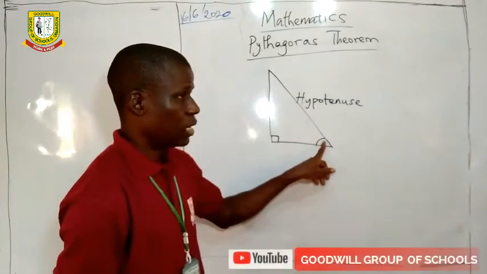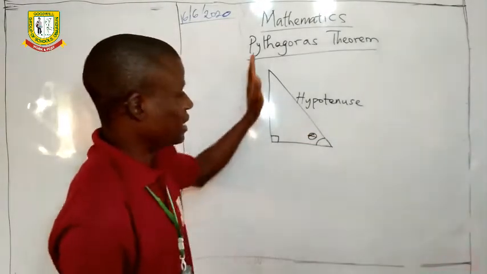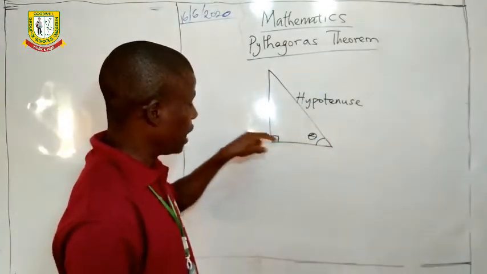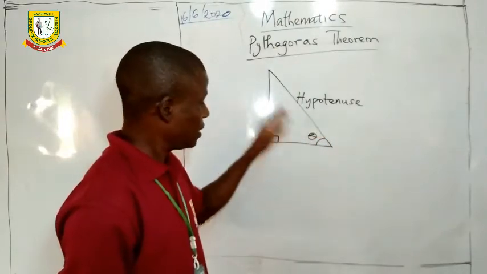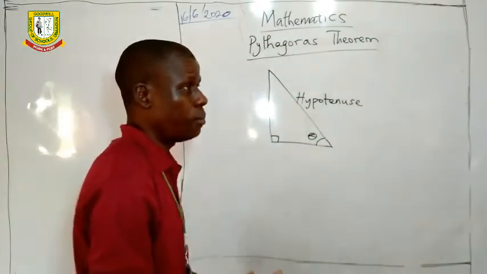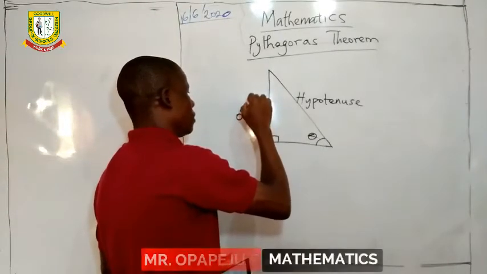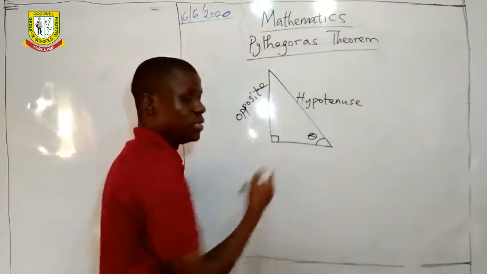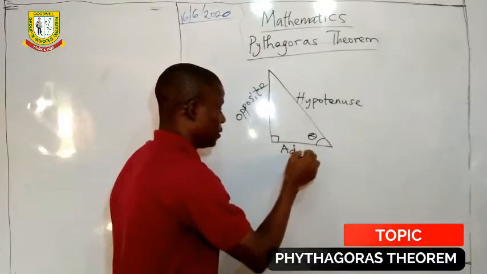If the angle is given, the side facing that given angle, not angle 90 now but a second angle, will come as our opposite side, and the third side will be the adjacent.